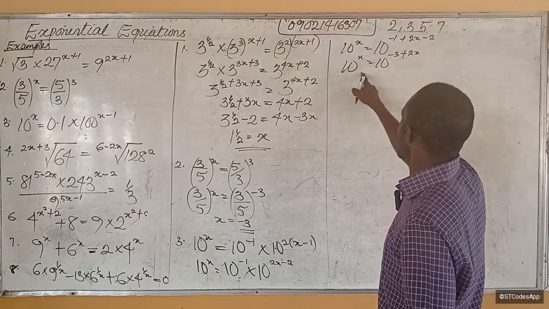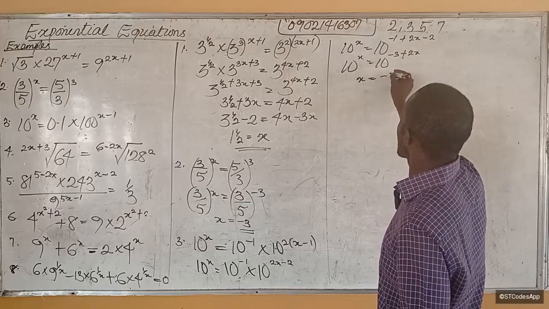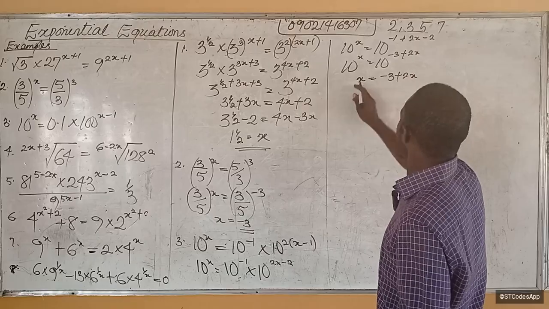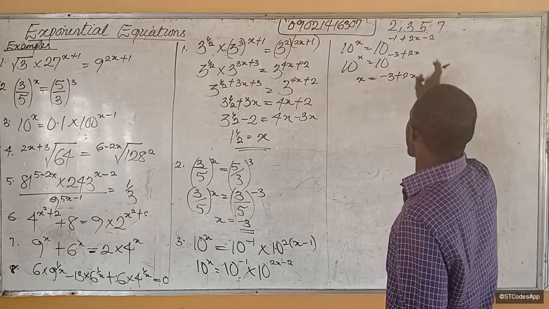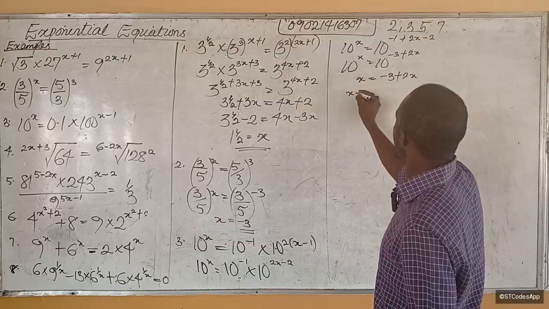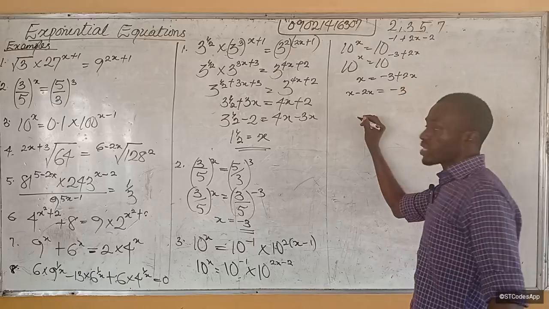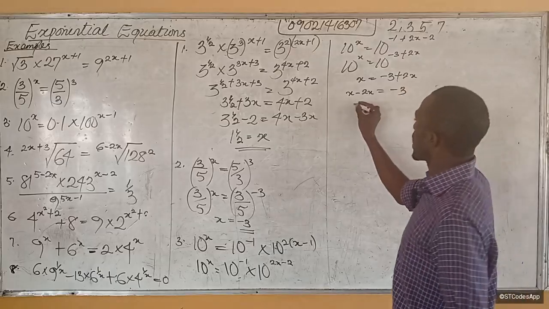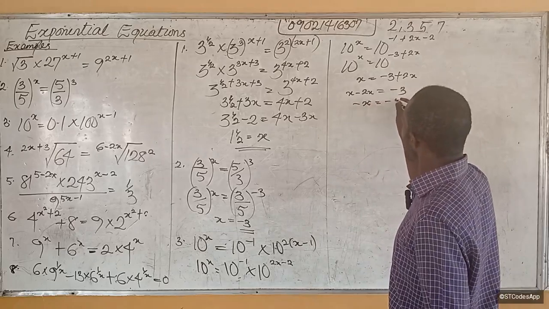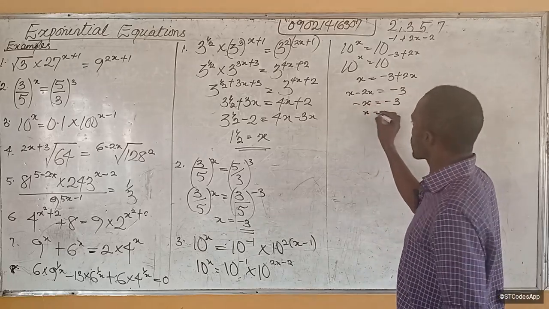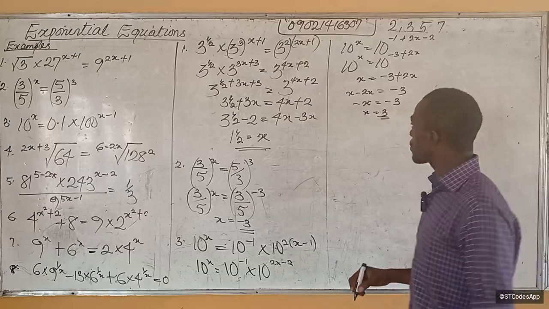So now I can say bases are the same, powers must be the same. X is now equal to minus 3 plus 2x. Bring this one here, this one here. Becomes x minus 2x is equal to minus 3. Okay? So from here, I can have minus x is equal to minus 3. So x equals 3. Alright.